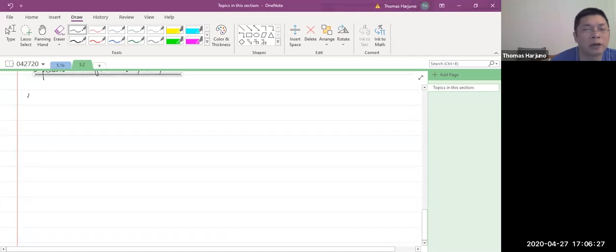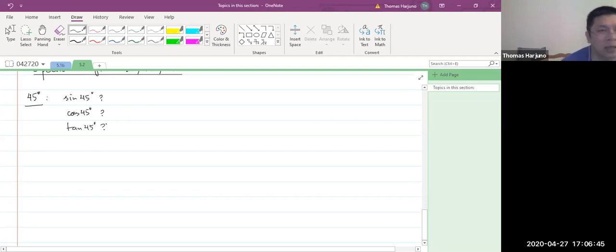In the 45 degrees case, the question is, what is the value of sine 45 degrees, cosine 45 degrees, and tangent 45 degrees? Something you have to memorize by Wednesday.